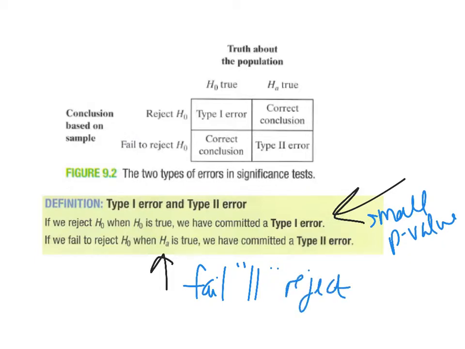Okay, so you'd have a larger p-value there, and you fail to reject that null hypothesis. Okay, and so that's when you could have a type 2 error. You can also remember that a type 1 error is going to be smaller than 2. Okay, so just some tips and tricks to kind of help you sort those two out in your head.